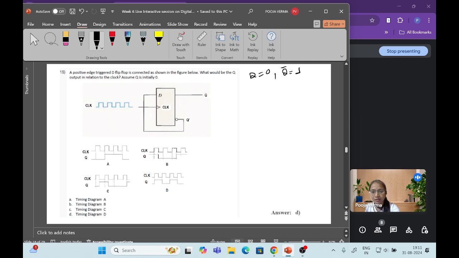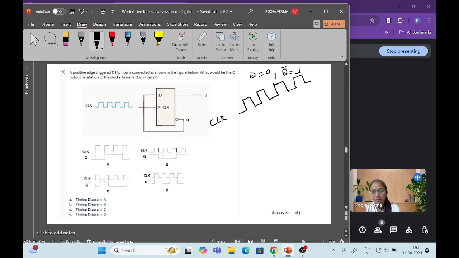The clock is given like this. We have to find the output in terms of waveform in relation with the clock. So this one is the clock, we need to check what the output will be.